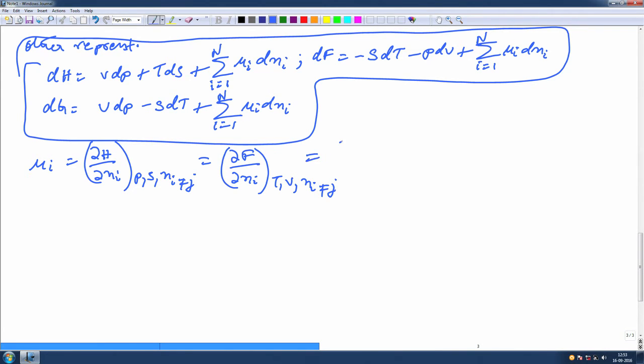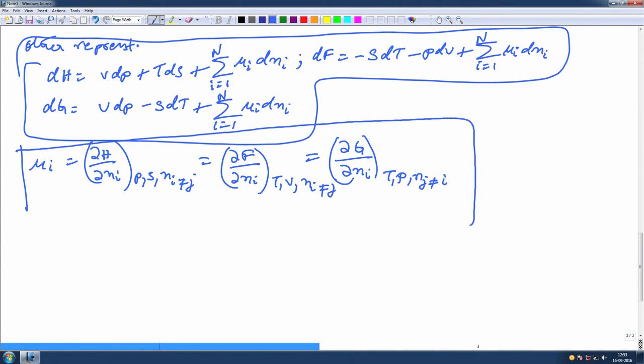This is also equal to dG/dn_i, okay, for constant T, P, n_j not equal to i. So, all these are possible representations, okay, for the same thing essentially.